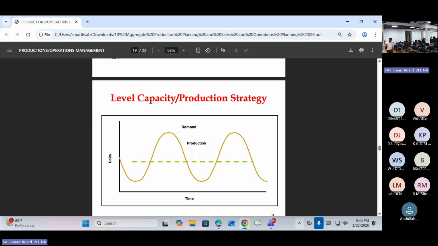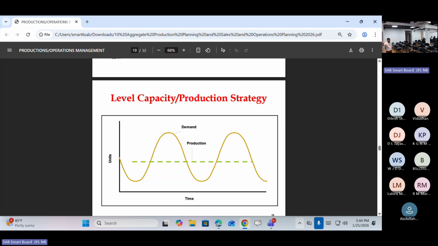So as you see in this illustration, demand may fluctuate over a period of time. If the company maintains level production, that means the production rate is constant, that you see in dotted lines. For a period of time, that is for 9 months to 12 months, they maintain the constant production rate. Any differences between production rate and the demand are met through the inventory.